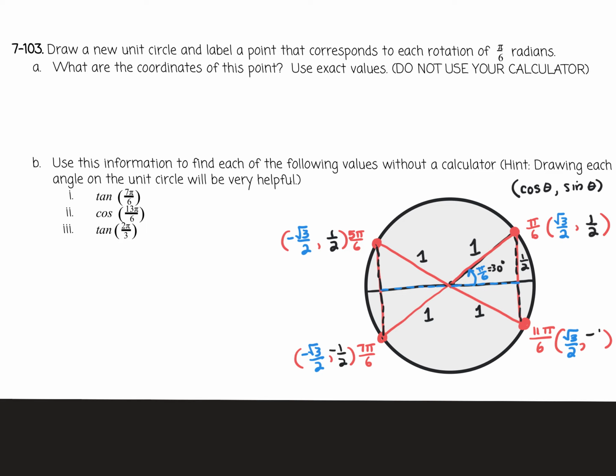Now, why did I just do all of that? Well, because in the problem to the left here, it wants me to figure out what the tangent of 7 pi over 6 is. So I can do that by looking at the unit circle. So the tangent of 7 pi over 6, well, that's going to be the sine of 7 pi over 6 over the cosine of 7 pi over 6.